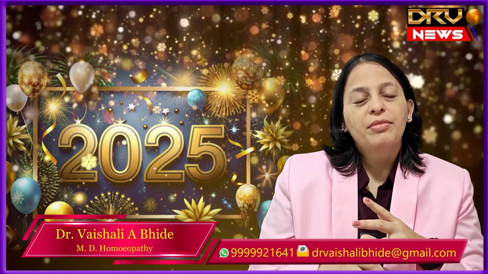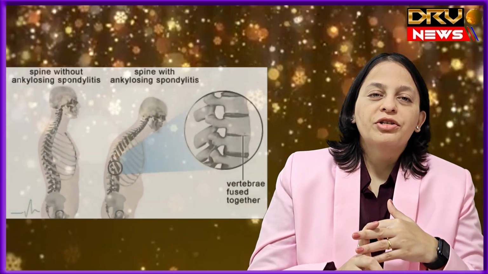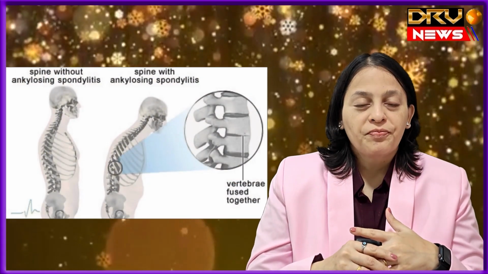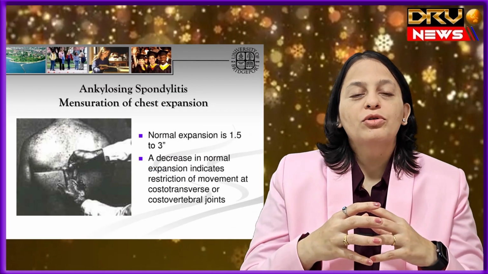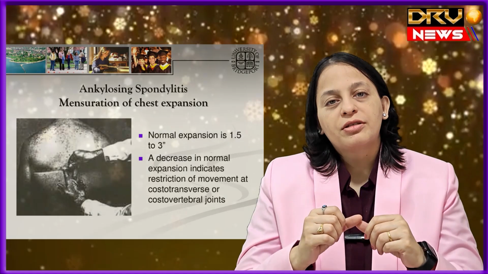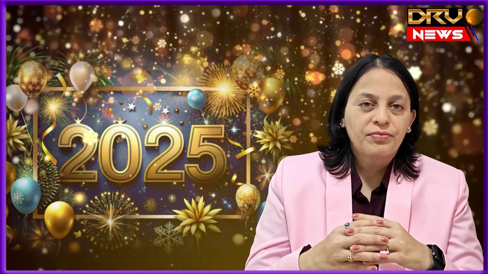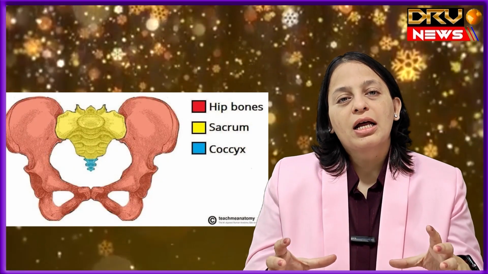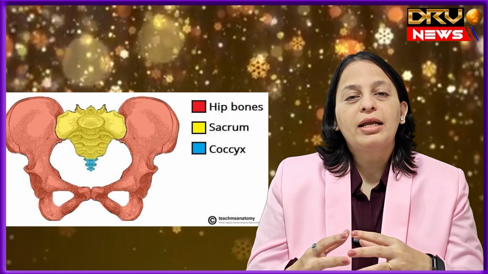Secondly, their movement becomes restricted. Later in the disease progression, what we find is they even find it difficult to have full chest expansion. As we mentioned earlier, the vertebrae give attachment to the ribs also. So because of the stiffness, the ribs are not able to have a full chest expansion. Then again, we said that the pelvic bones are also connected to the lumbar vertebrae by the sacroiliac joint.